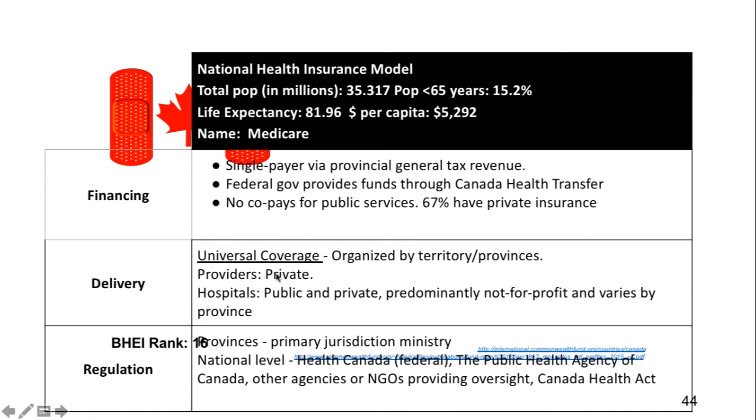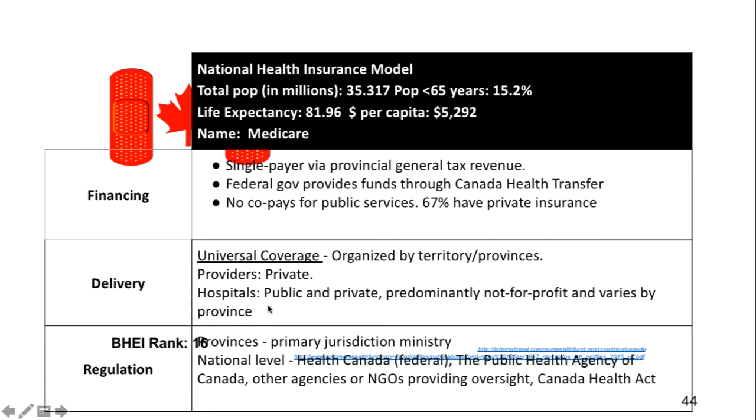The delivery is universal coverage organized by territories and provinces, and the providers, primary care doctors and specialists, have their private practices.